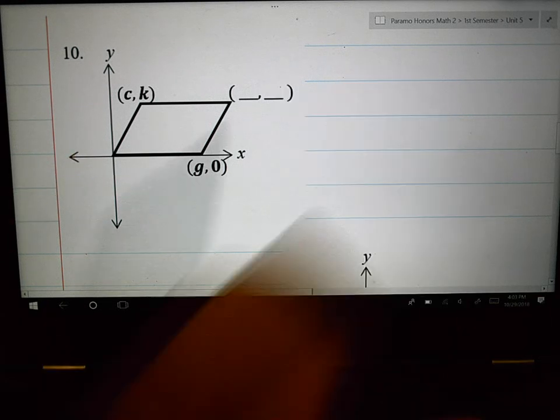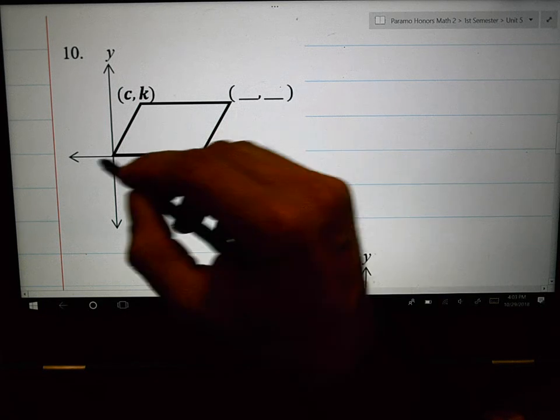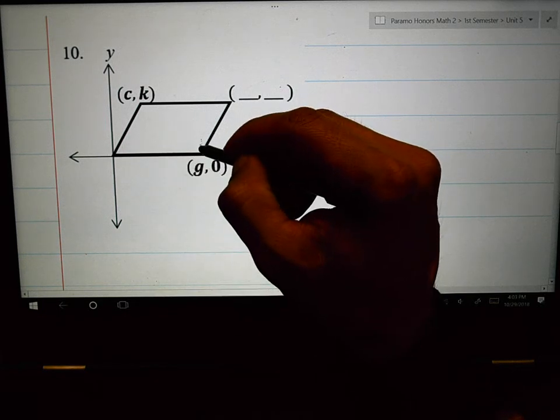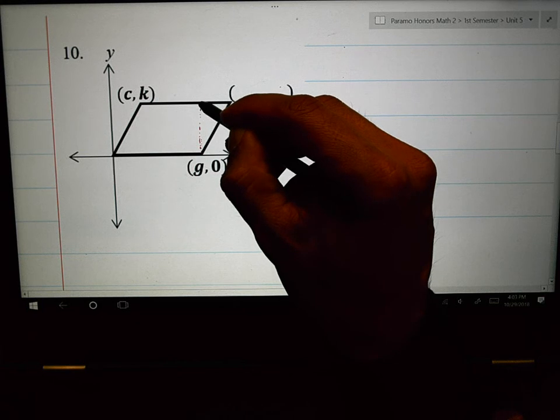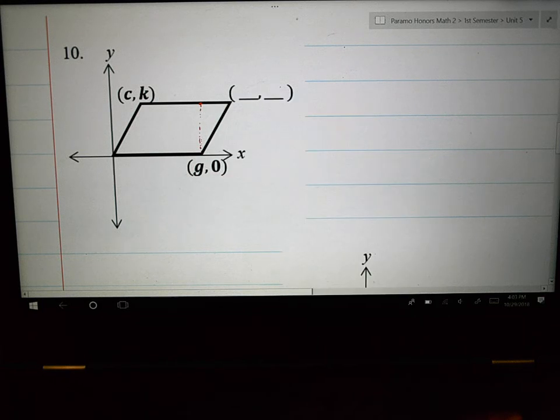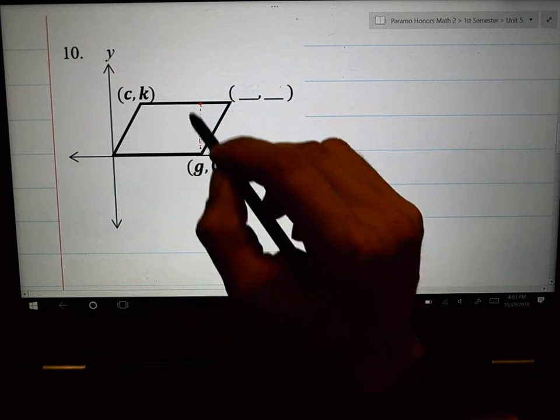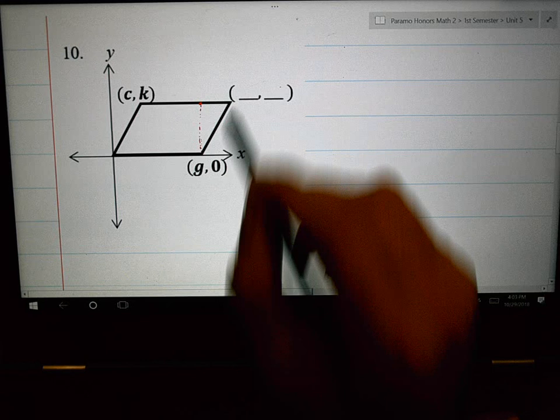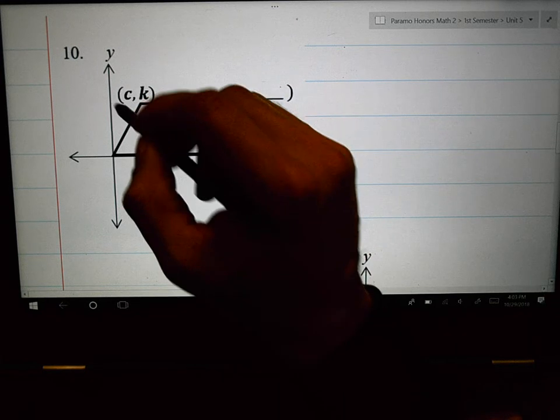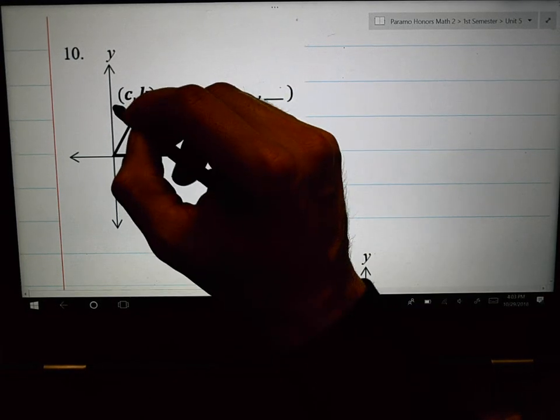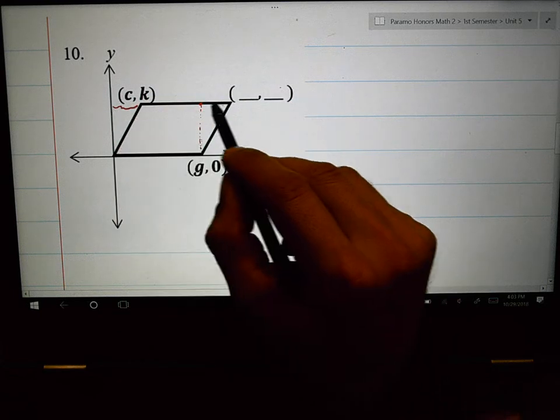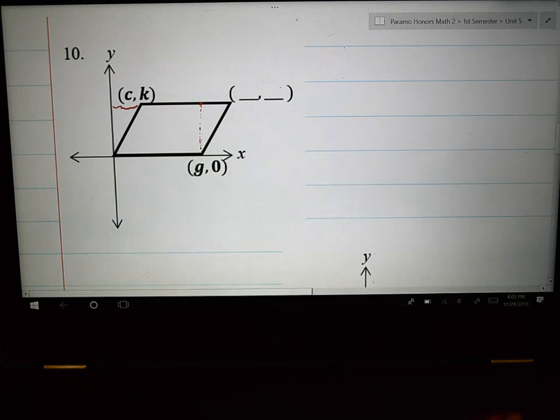But over here, if G is this distance right there, that means that this coordinate up here is not at G units. That is not G for the x coordinate, or your horizontal coordinate. You have to remember, if it's a parallelogram, that this distance here is going to be the same distance as it is from here to there.